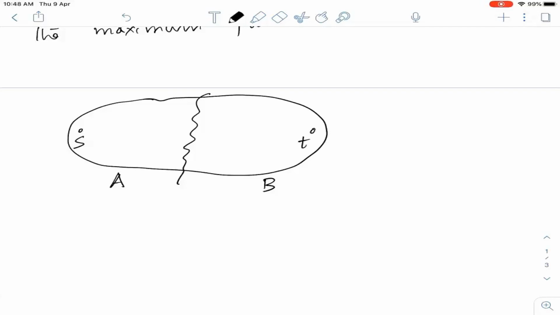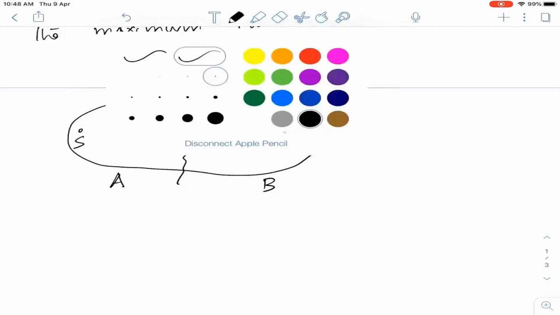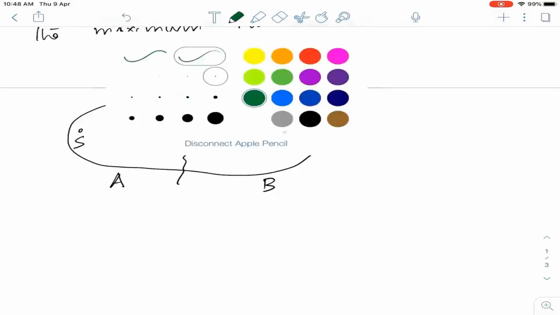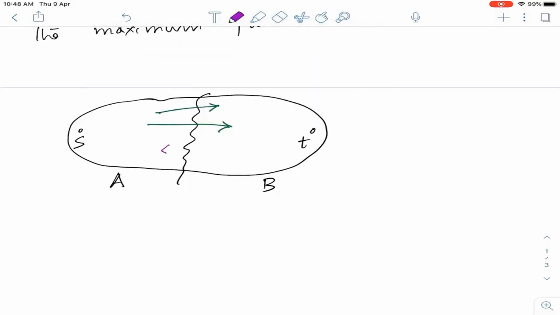Now, what kind of edges can I show on this picture? Well, there are 4 kinds of edges. Let's say I denote them by green, which are going across from A to B. There could be edges that are sticking into A, like that.